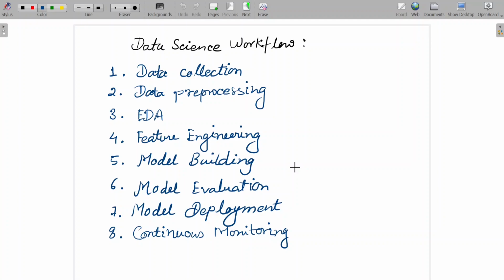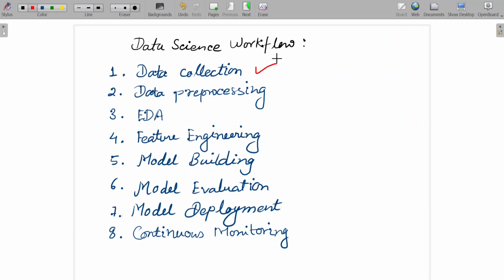So first is data collection. The journey begins with collecting the data from various sources, because without data you cannot solve any problem. Understanding the problem, we have to figure out what kind of data we have. Is it structured or unstructured?